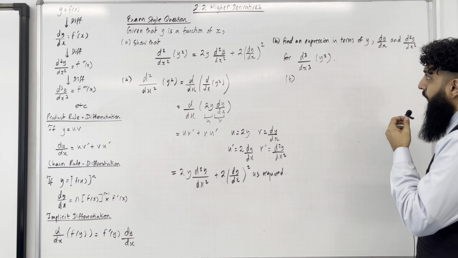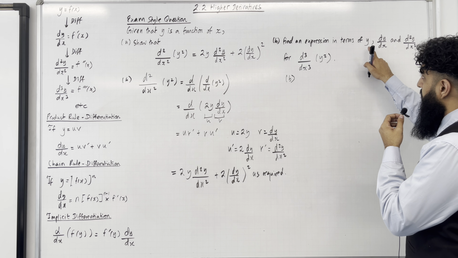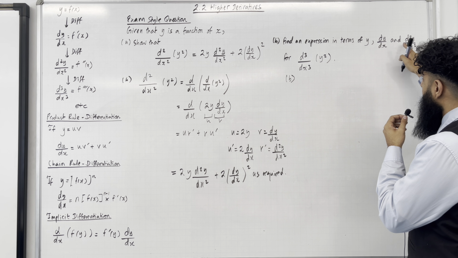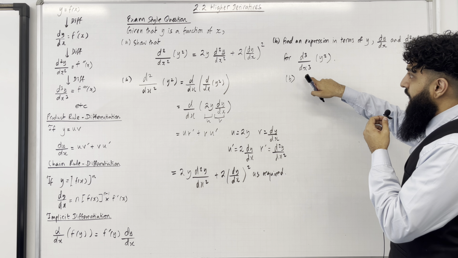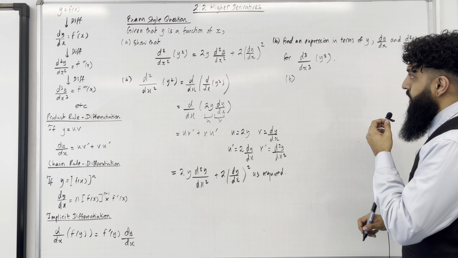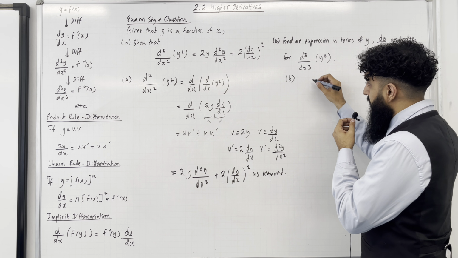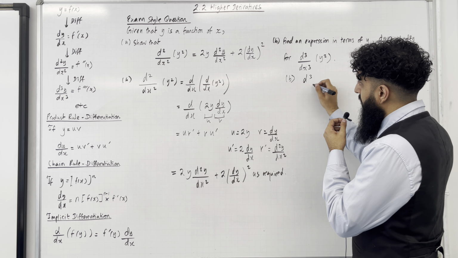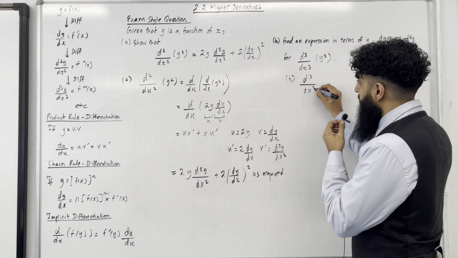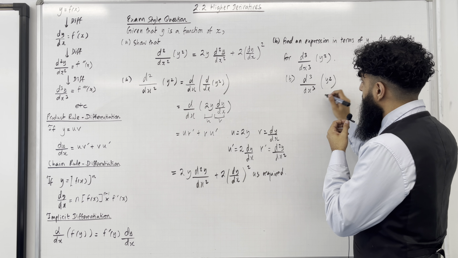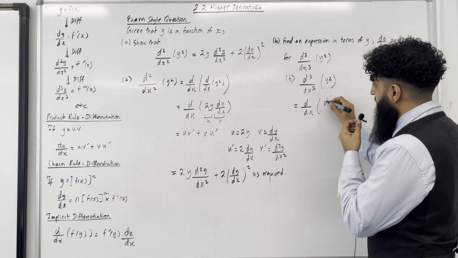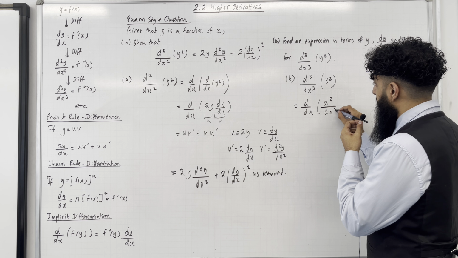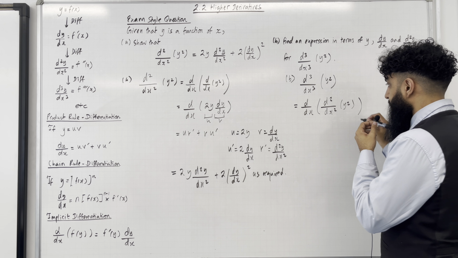So in part B, I want to find an expression in terms of y, dy over dx and d2y over dx squared for d to the power 3 over dx cubed of y squared. Okay, so let's have a look at the solution. So d to the power 3 over dx cubed of y squared can be rewritten as d over dx of d2 over dx squared of y squared.